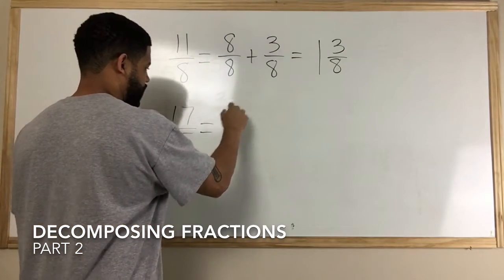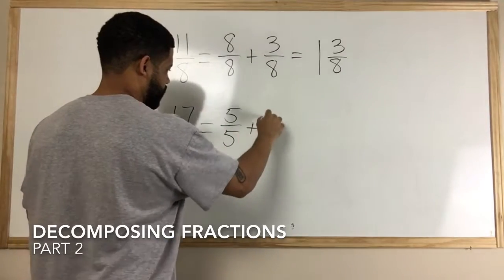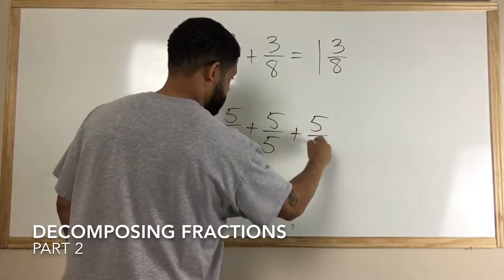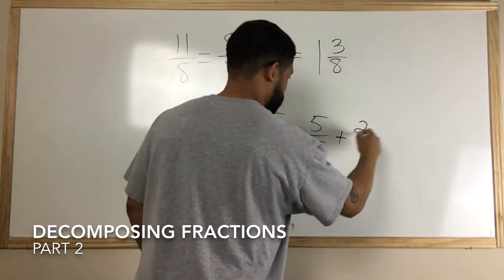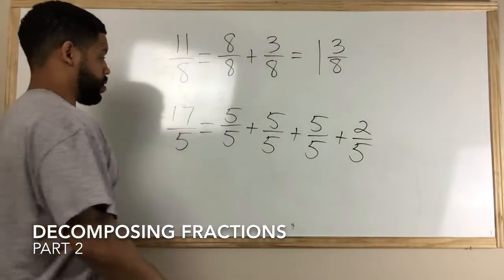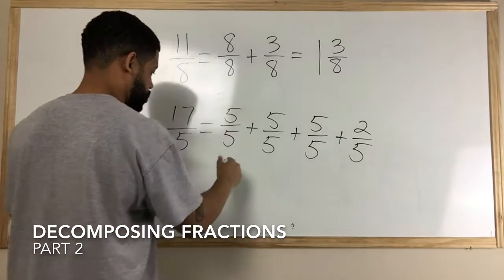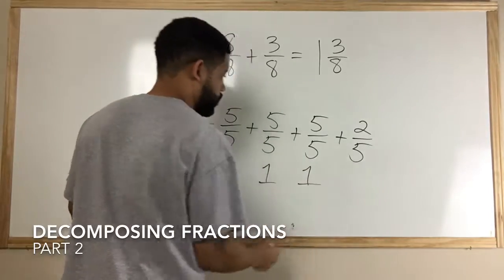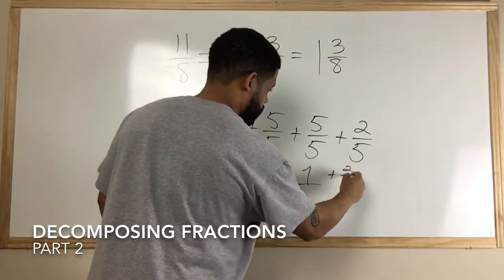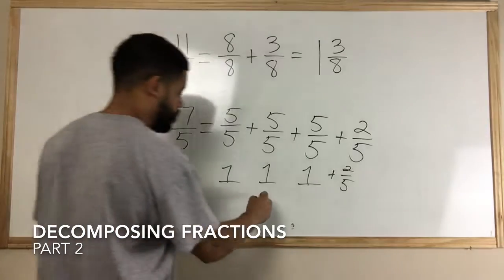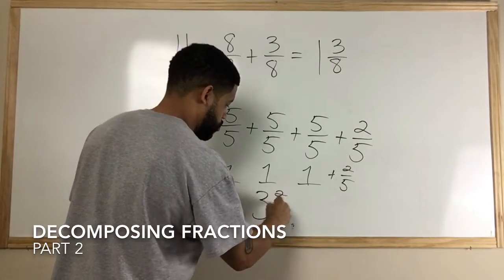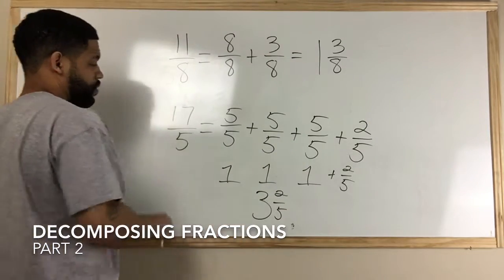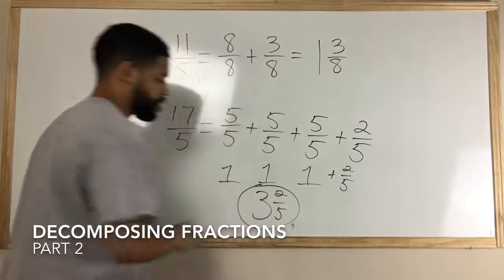Let's say 5/5 plus 5/5 plus 5/5 plus 2/5, okay? So notice this, that's equal to 1. That's another 1, and then we have the 2/5, okay? So I actually get 3 and 2/5. So for 17/5, here we have the mixed number version.